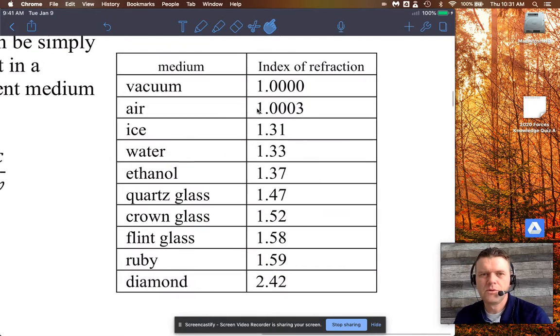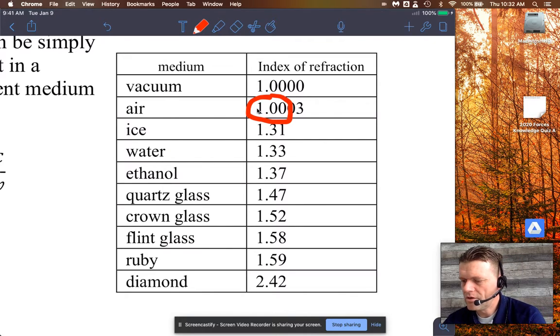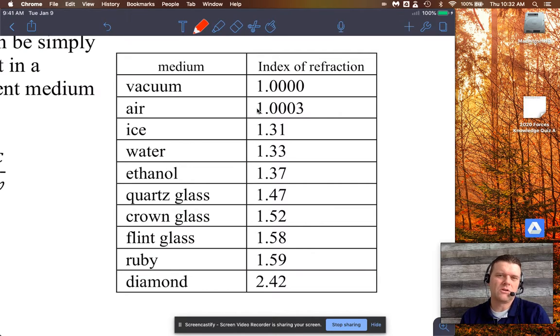So here I just blew those up a little bit. For our purposes, anytime you're dealing with light in air, your formula sheet basically just says it's 1.00, so if you know you're in air, you can just use an index of refraction of 1.